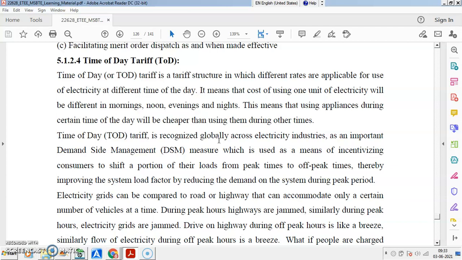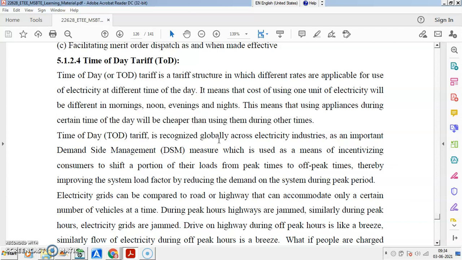Suppose you have a flour mill and you run it 6 to 8 or 6 to 10. Instead, you could store the grains and start your flour mill during night hours, after 10 to morning 6. If the peak hour charge is 10 rupees per unit, the off peak hour may be 2 rupees.